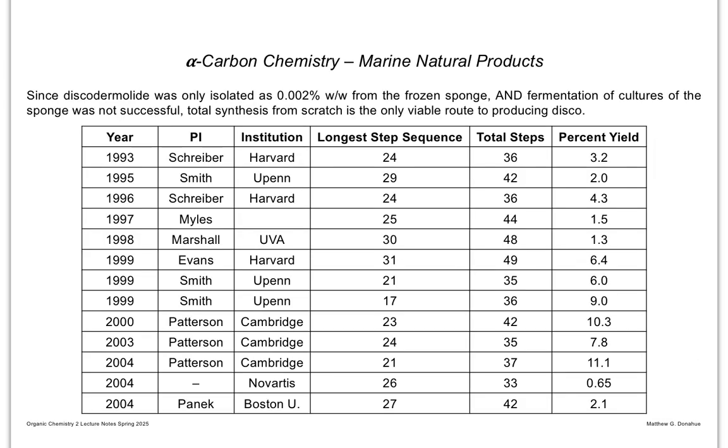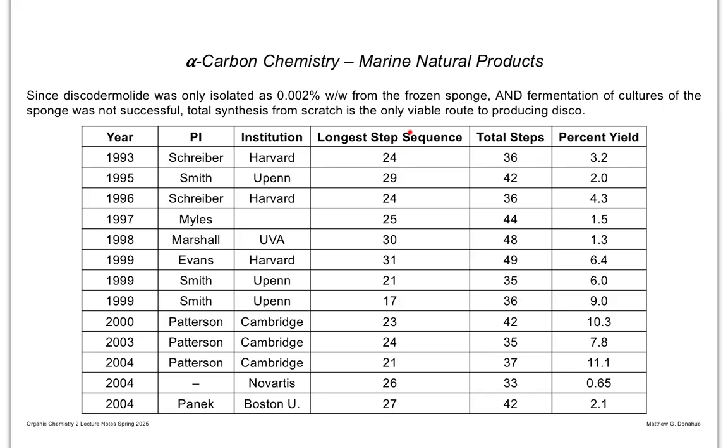It was a pretty hot molecule back when I was an undergraduate. Actually, no, I was in high school in '93 when it started. From '93 to 2004, you can see all these different groups worked on making this molecule. The reason is, even though it's complex, it's so potent that you don't really need much to treat cancers, like nanogram amounts. These groups worked on strategies to make it.